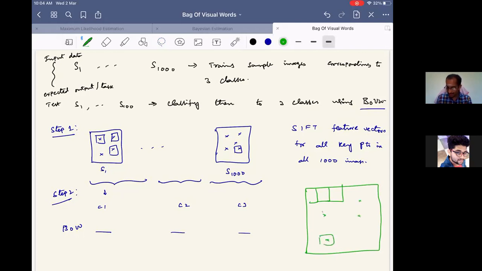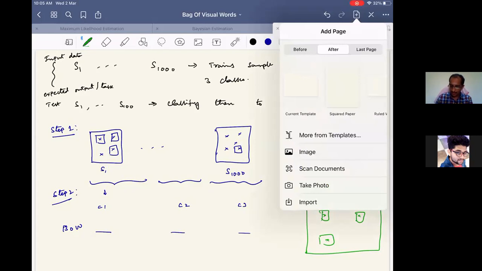There are even other ways: you can take pyramidal features. Not only at one resolution, you can take the features at a lower, coarser resolution, and then a finer resolution, and so on, and stack them.